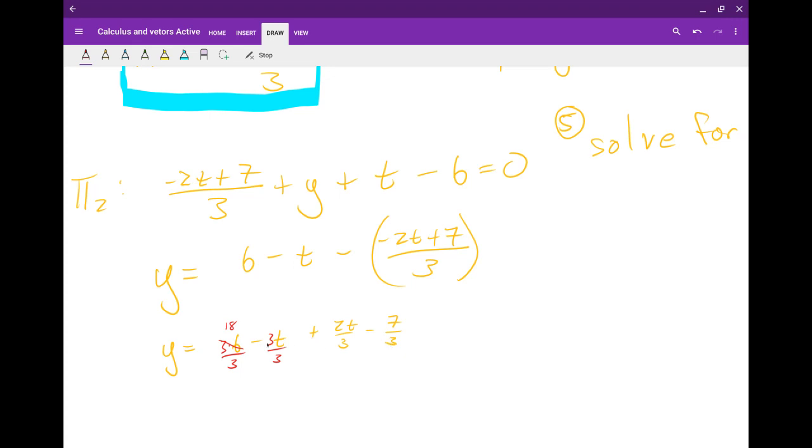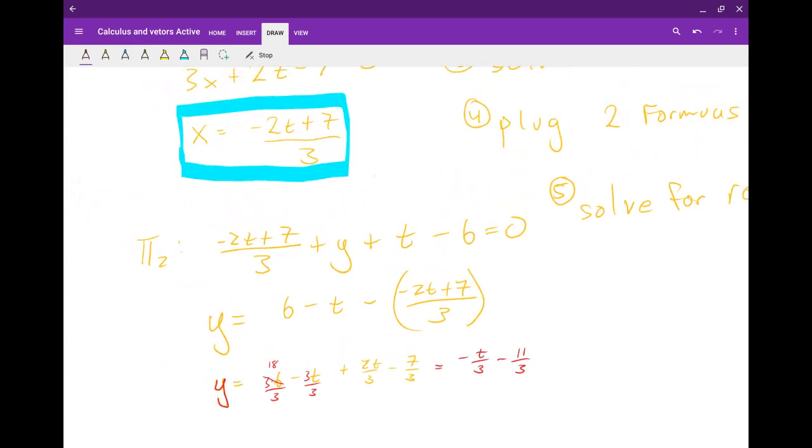And then a negative 3 thirds t plus 2 thirds t is going to be a negative 1 third t. So this is equal to a negative 1 third of a t minus 11 thirds, okay? And that's my y.